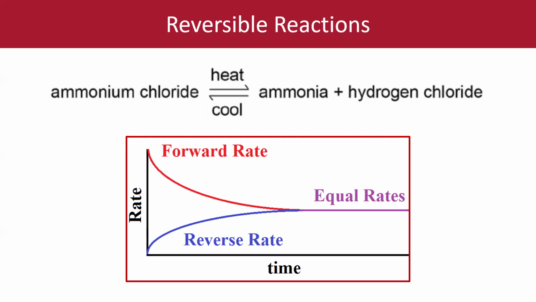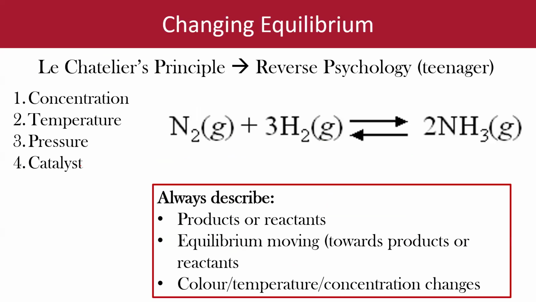Reversible reactions. We mentioned those and we'll talk about the Haber process in a minute. Reversible reactions can always get to an equilibrium, and for the Haber process, Le Chatelier's principle applies.